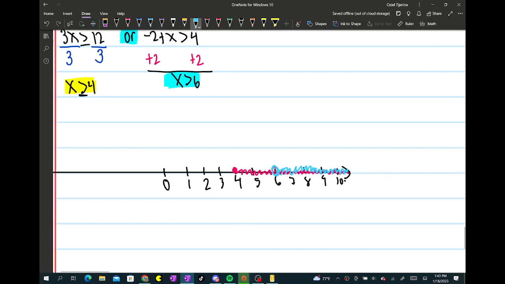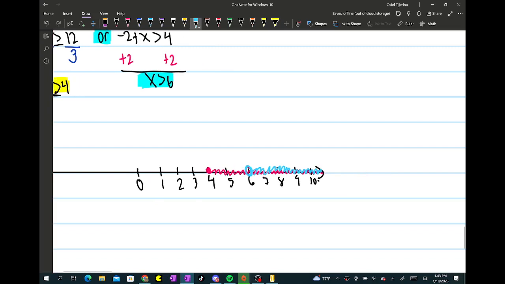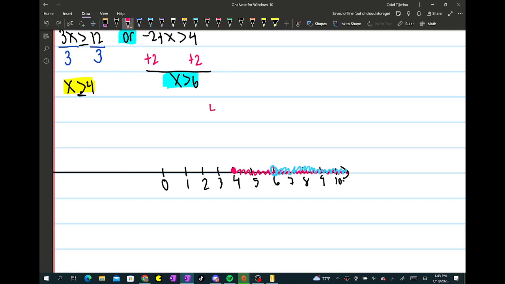So in the intersection of these two, we have one of them that is from 4 to infinity, and the other one is from 6 to infinity.